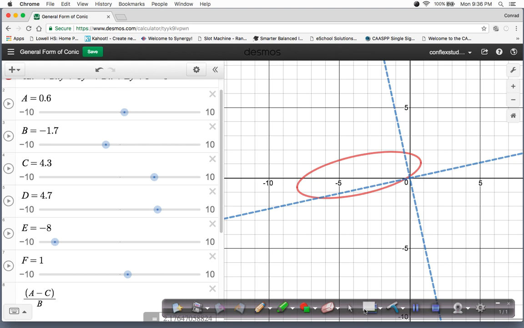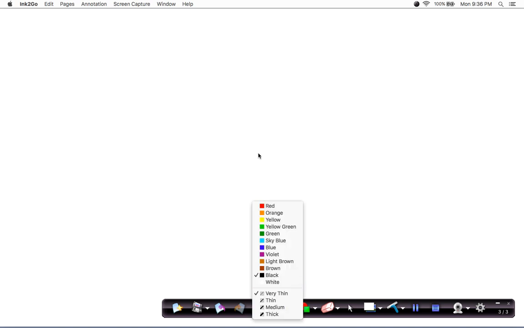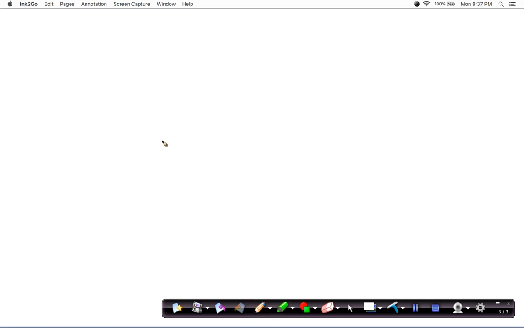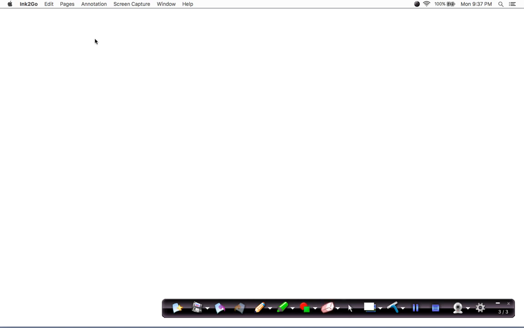So let's get going on a proof of what we need to do. We'll start out with the xy axes that we're familiar with. I'll draw that over here.